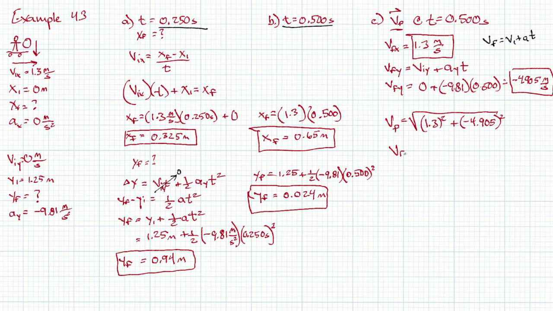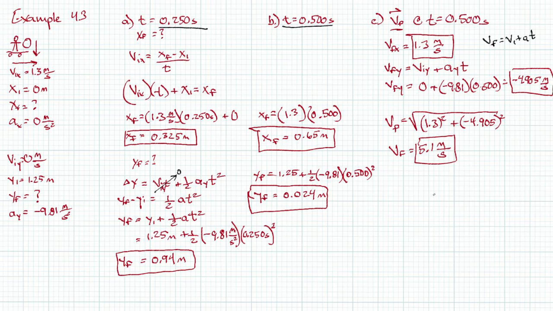So V final is what? This is what I misspoke before. This should be 5.1 meters per second. Okay, it's not in the x, not in the y, but it's a combination of both.